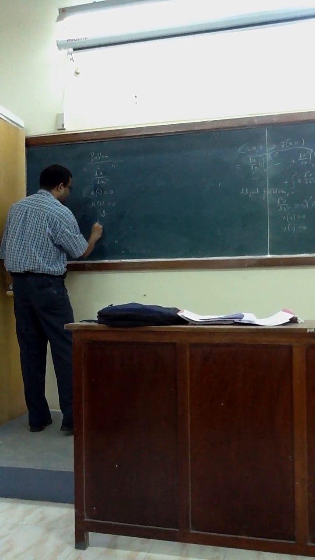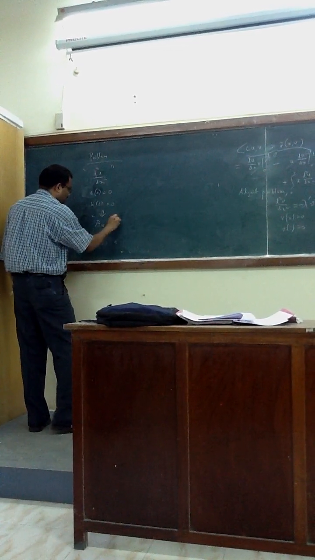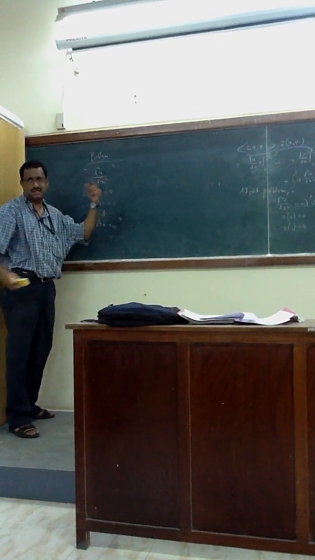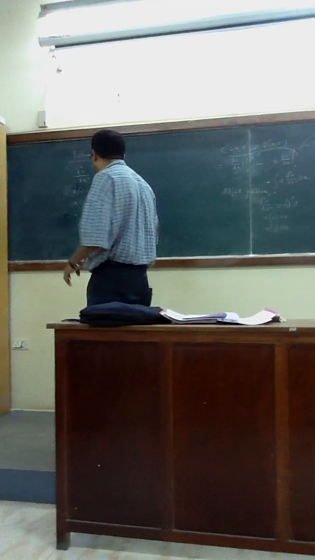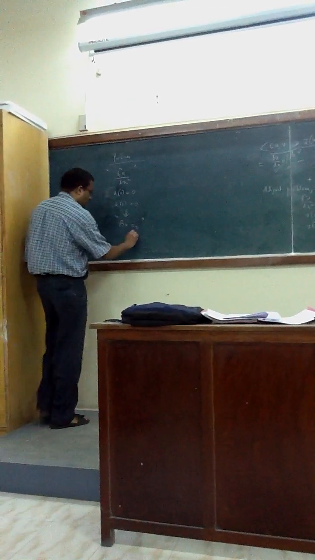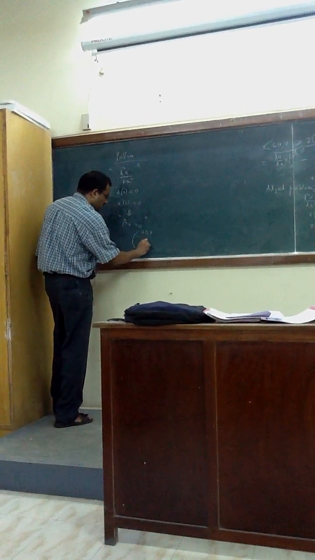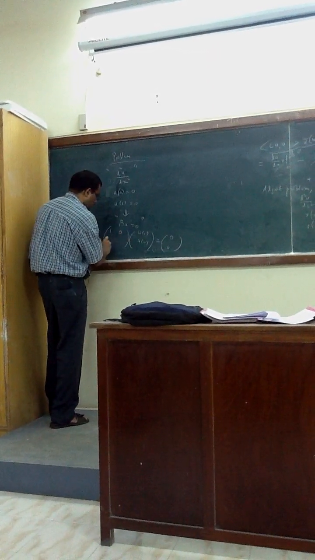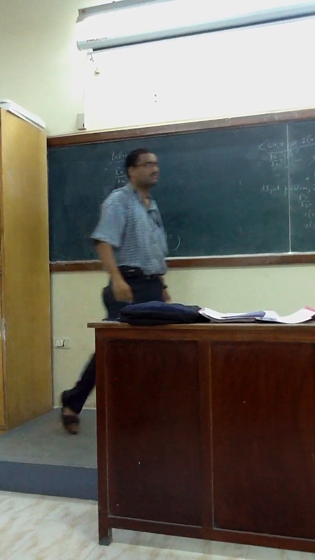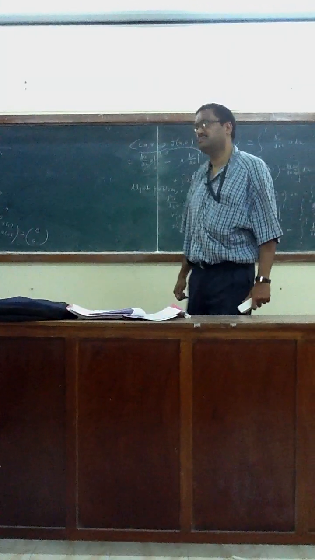B is the boundary operator. How to write the boundary operator if you want to visualize? u1, u0, 0, 0. Am I correct? The boundary operator is a vector operator. Similarly, the adjoint problem.